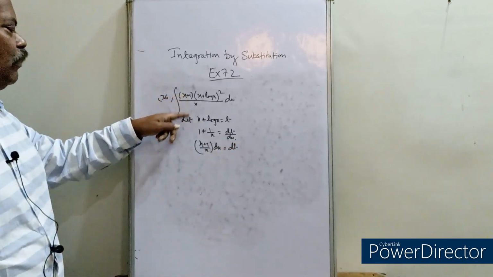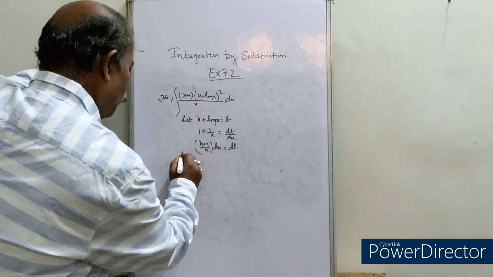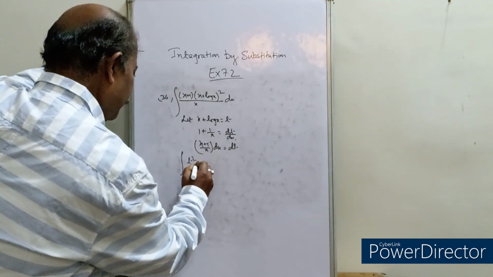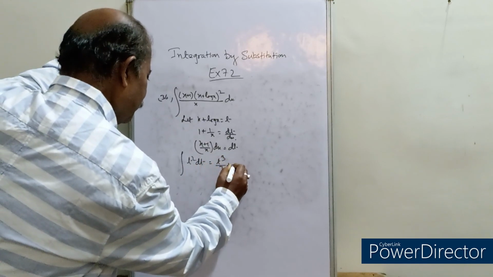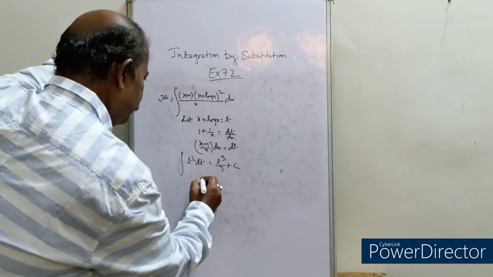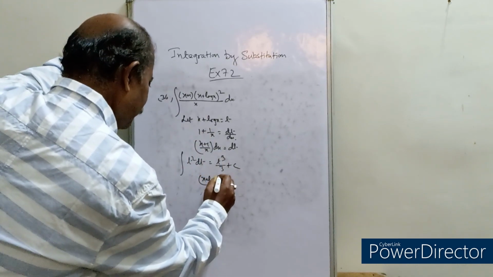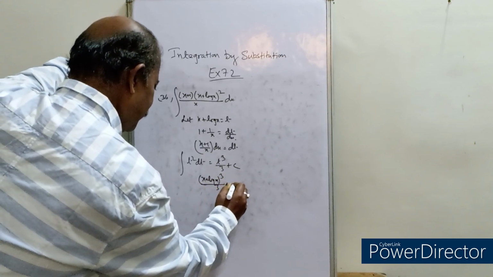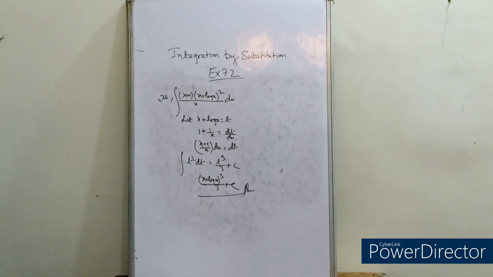So this comes out to be the integral of t square dt, so this is t to the power of 3 by 3 plus c. So the value of t is x plus log x to the power 3 by 3 plus c. So this is your answer.